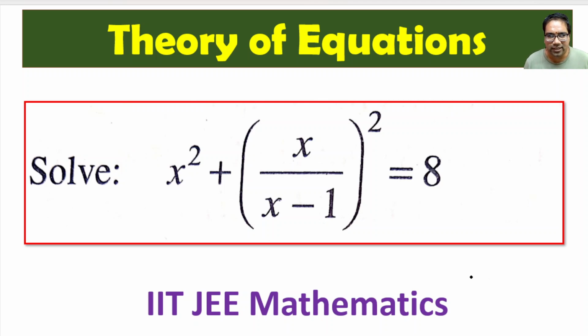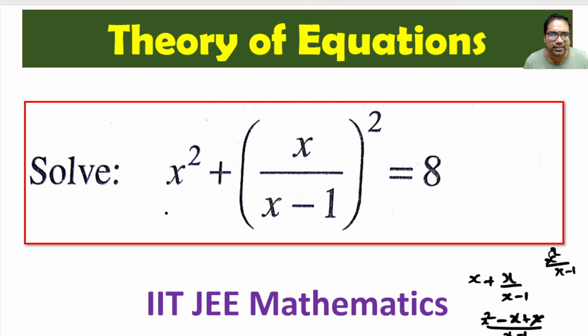If you notice, x + x/(x-1). What is this? This becomes (x² - x + x)/(x-1). This and this will get cancelled, so we'll be left with x²/(x-1).